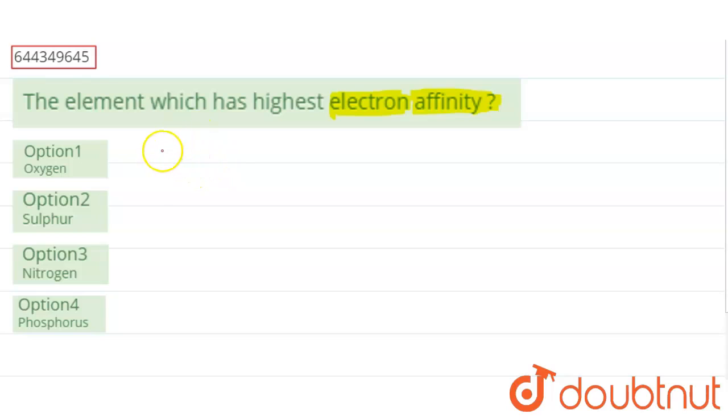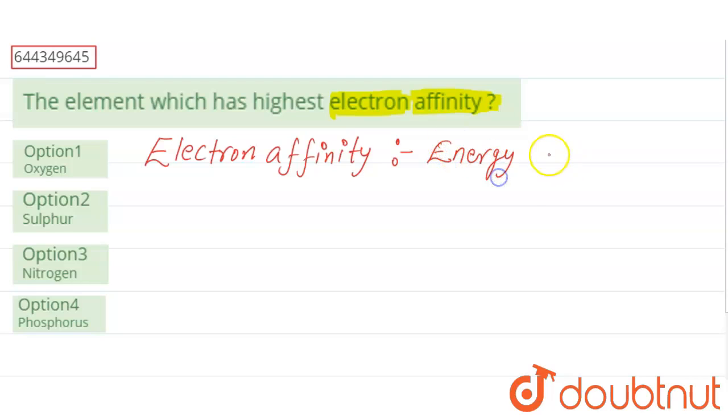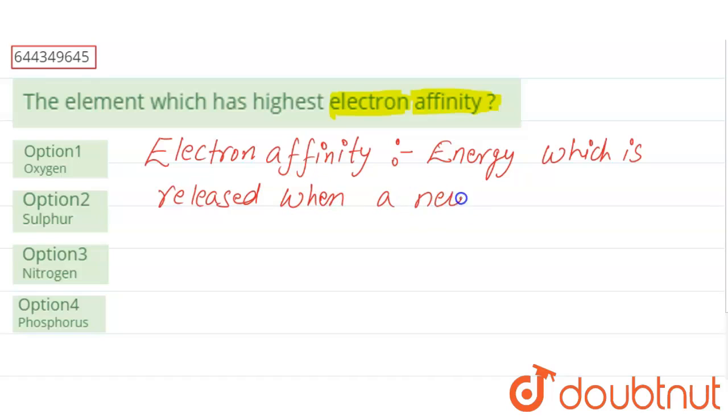First of all, we have to understand what is electron affinity. As we have all studied, electron affinity is basically also known as electron gain enthalpy, and this is the energy which is released when a neutral isolated gaseous atom gains an electron.